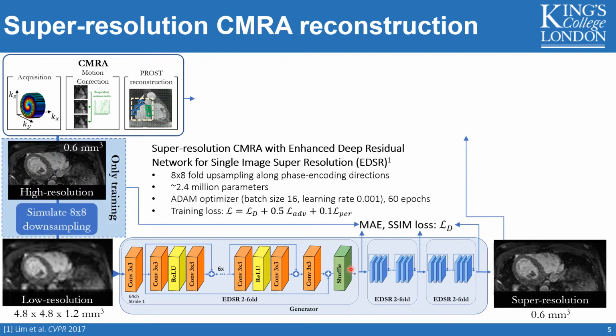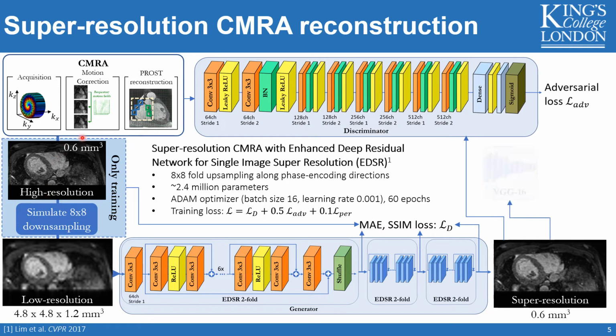On the training side, we utilize high resolution data of 0.6 millimeter isotropic resolution, which we retrospectively downsample by 12.5% in the phase and 3D phase encoding directions to provide the training input.